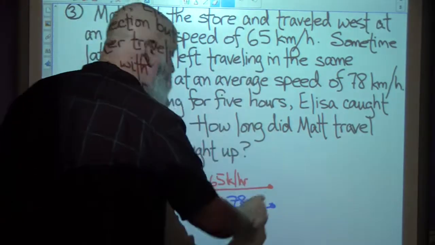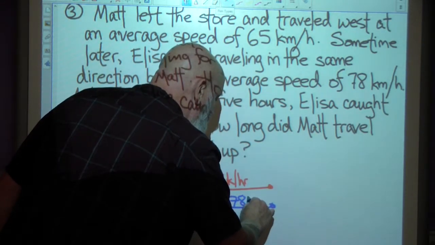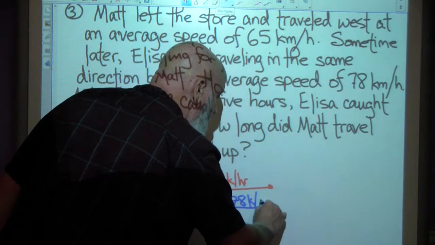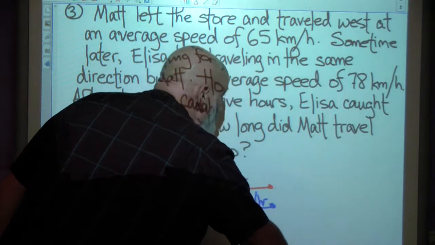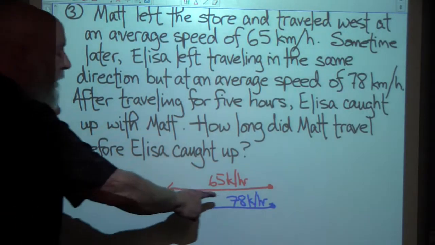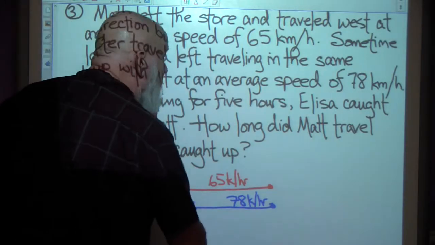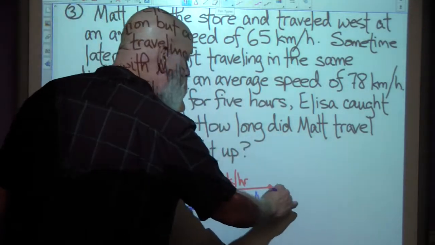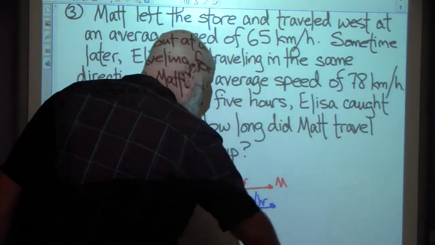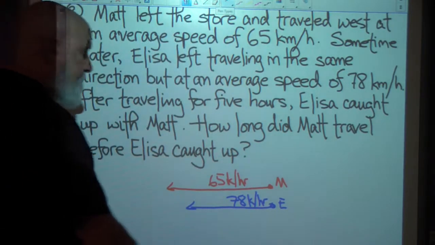And these little arrows are just indicating direction only. They're not vectors, for those of you who know what vectors are. And after traveling 5 hours, she catches him. So this is Matt, and that's Elisa.